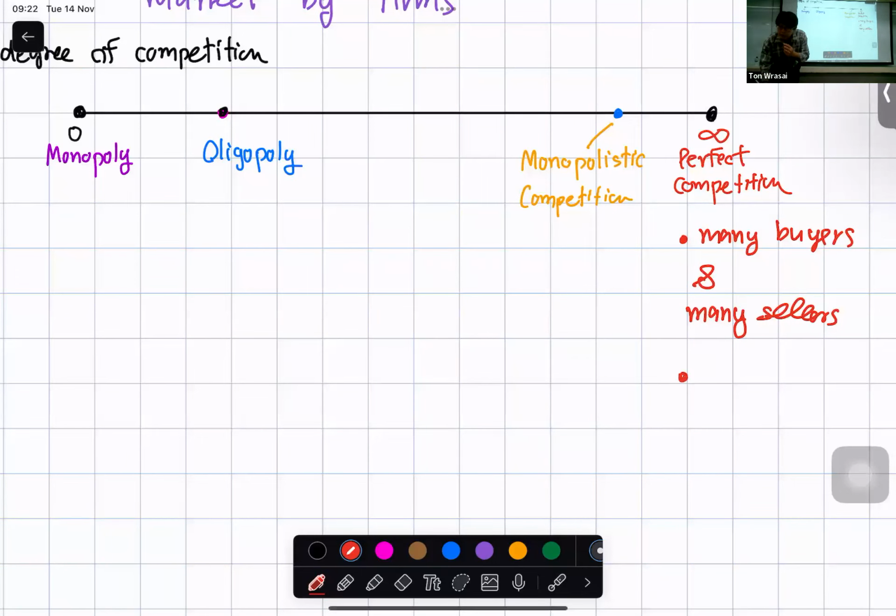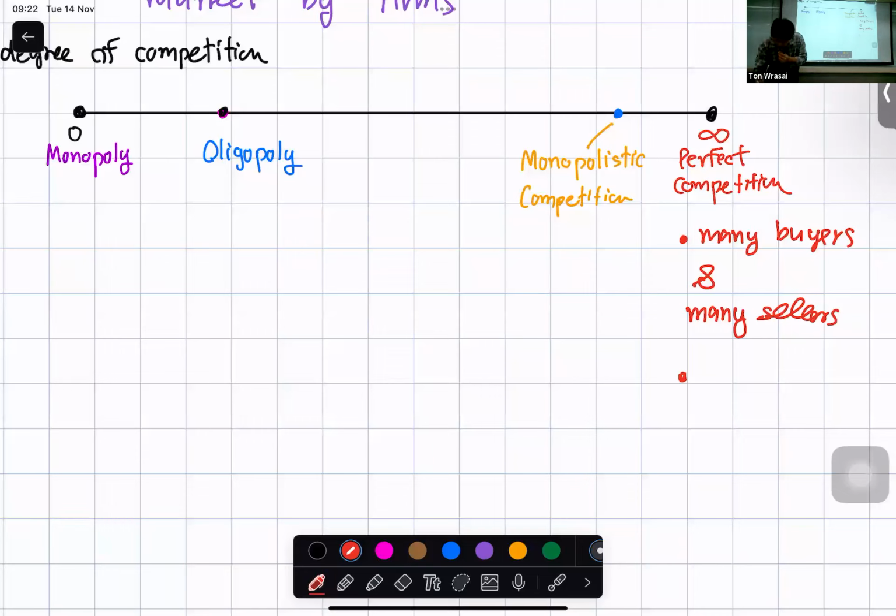Characteristic of the good, issue number 2, we call homogeneous product. That means all firms offer the same good in the eyes of consumers. Consumers notice no difference between buying from firm 1 and firm 2.